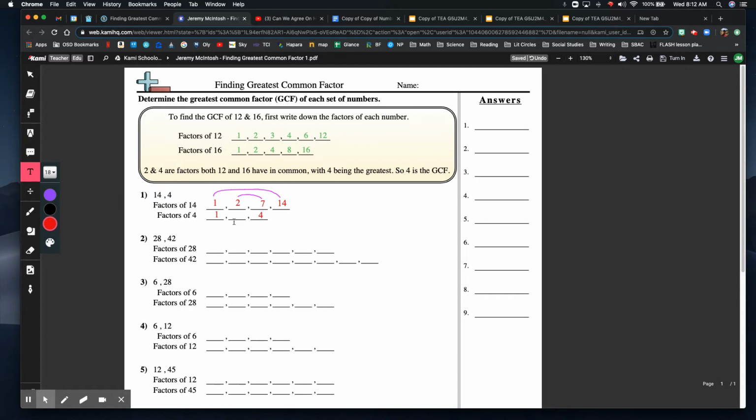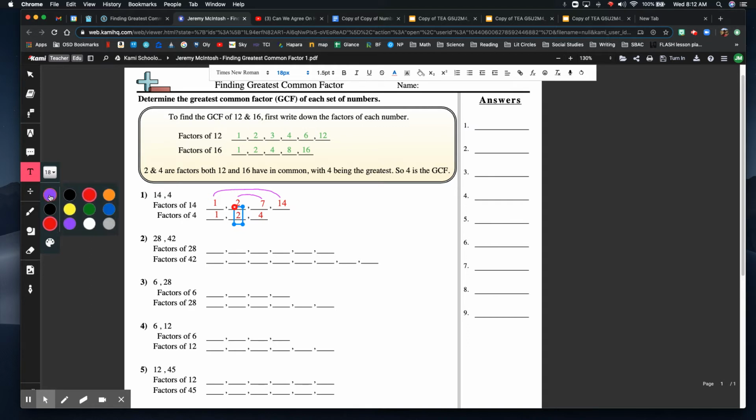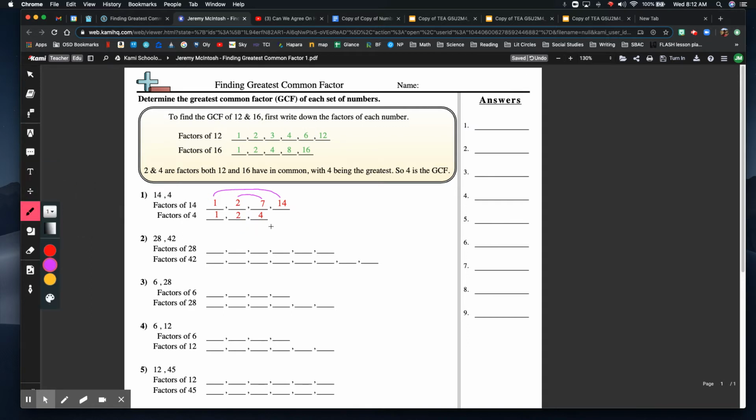Wait a second, there's only one more line. What do we do? Well, I think you know what that number is. It's 2 times 2. But when we write the factors down, you don't have to write the 2 twice. You just write it one time since it's the same number. So when I look at my factor pairs, 1 times 4, and then just 2 times 2.